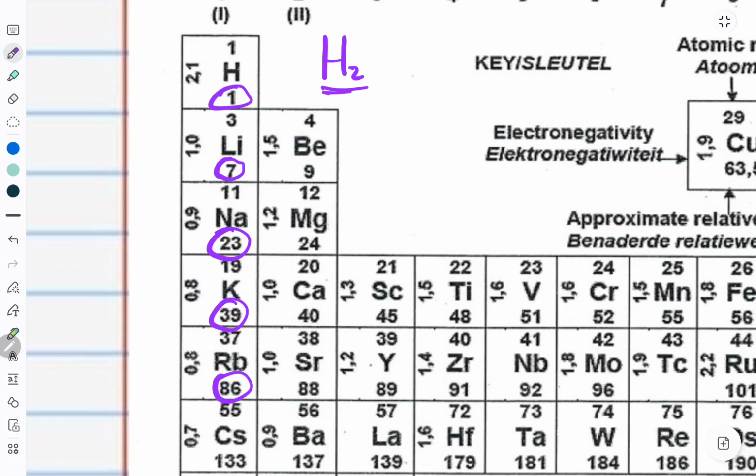And then if I compare it with something like maybe sodium hydroxide, this is a bigger compound than hydrogen, right? So when I find the molar mass of sodium hydroxide, I'm sure we can agree that it will be way larger than that of hydrogen.